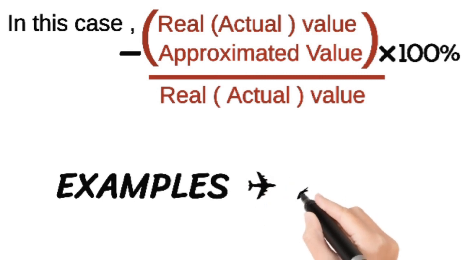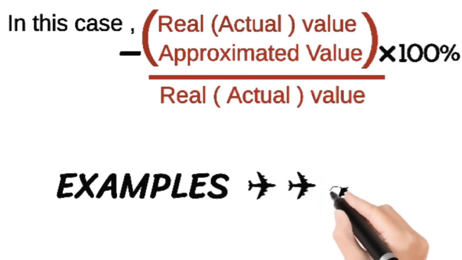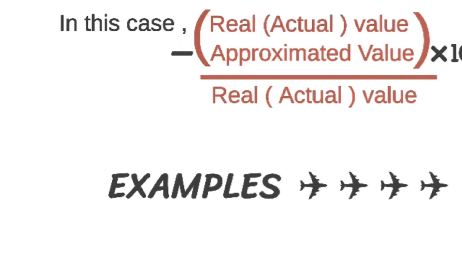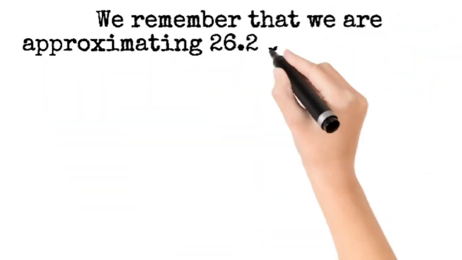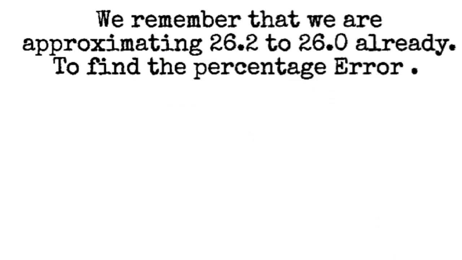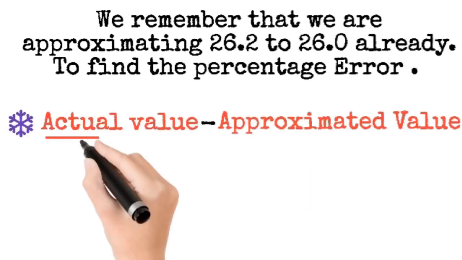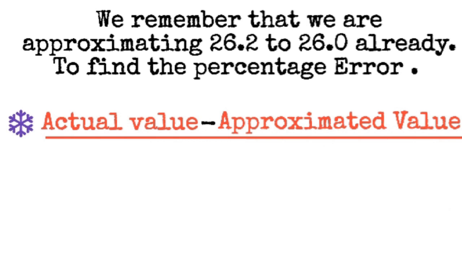We did an example for case 1, and we must do the same for case 2. Let's try this example. We remember that we are approximating 26.2 to 26.0. To find the percentage error, the formula will be the actual value minus the approximated value, all over 26.2, which is the real value.